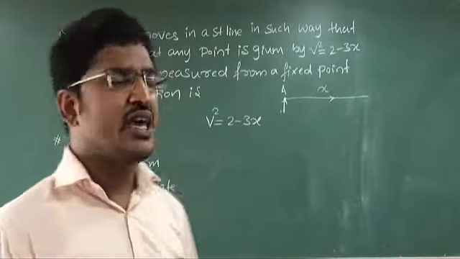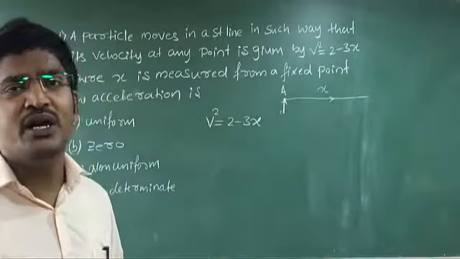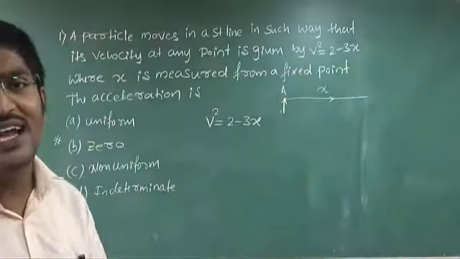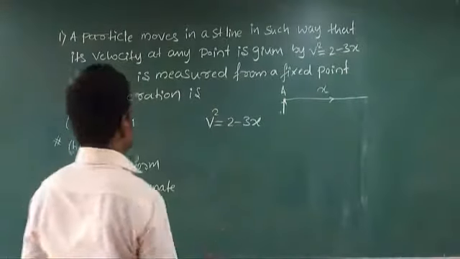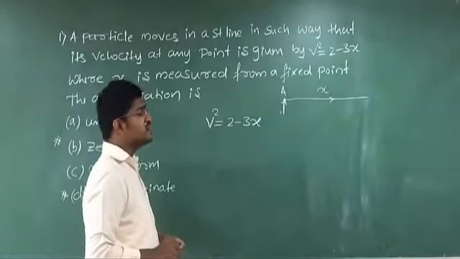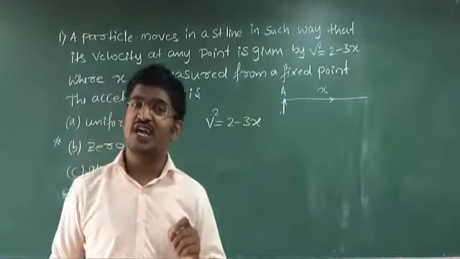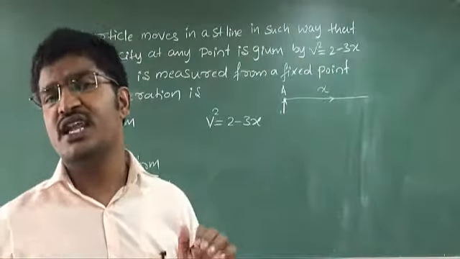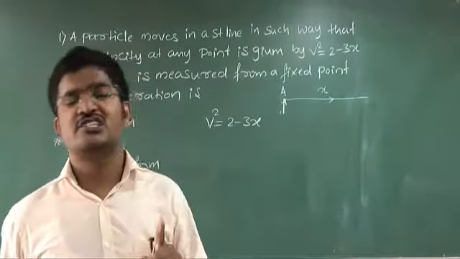My thinking is on uniform, but let us calculate and decide. Now, if I differentiate v square, while differentiating velocity to acceleration, please keep in mind that you have to differentiate with respect to time.